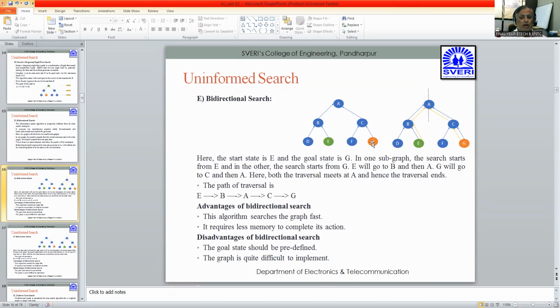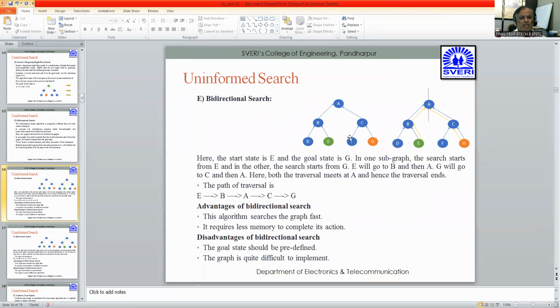Is it okay? How the path will go? Once again, I will say, you have an initial search as E, and your goal search is G. So this is the initial node, the start node. This is the destination node, that is G. In both the subgraphs, you have to define initially which is the start node and which is the end node.